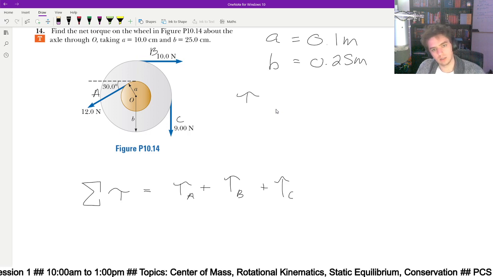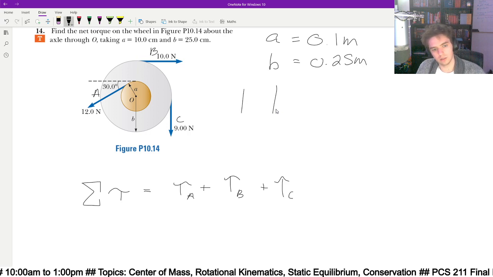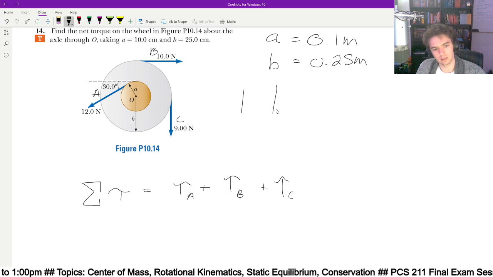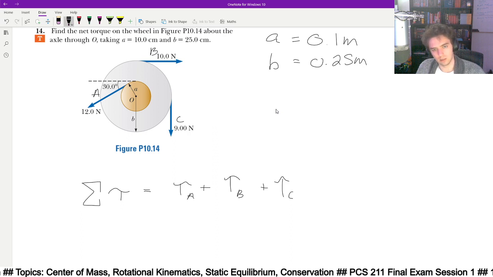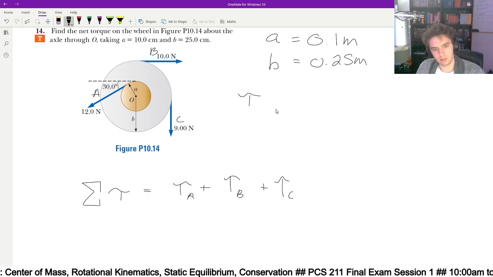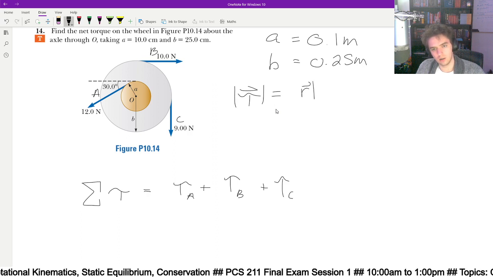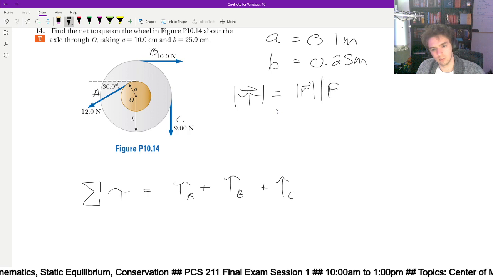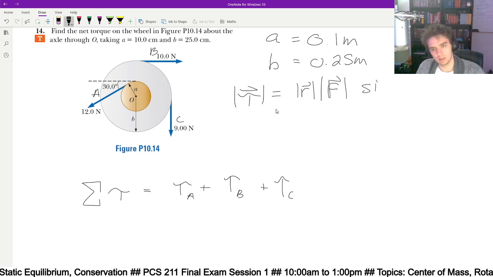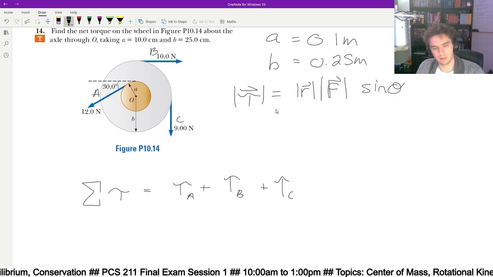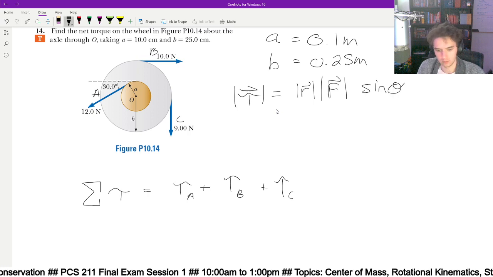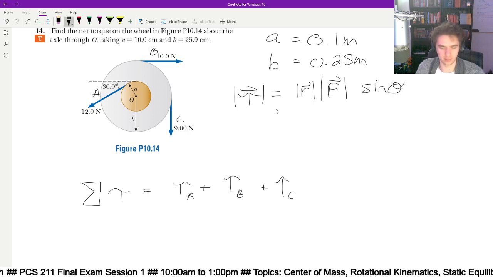So torque in general, the magnitude, I guess I should say magnitude. No, not necessarily. The magnitude of this torque equals R times the magnitude of the force times sine theta. I'm forgetting which one's the sine and which one's the cos.